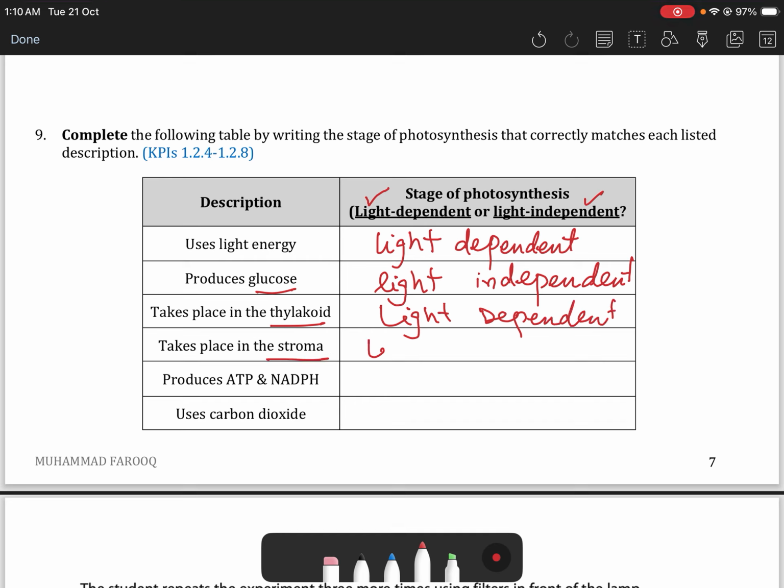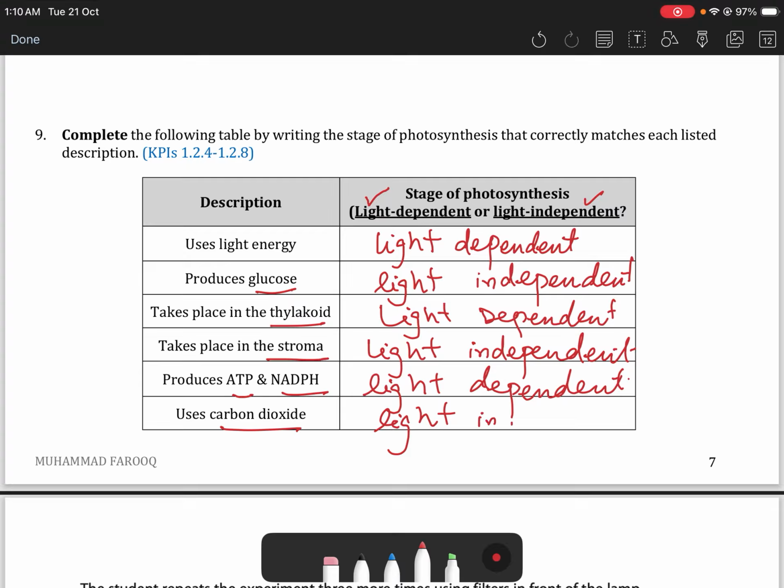Takes place in the stroma, of course, light independent. Produces ATP and NADPH, definitely light dependent. And uses CO2 is light independent.